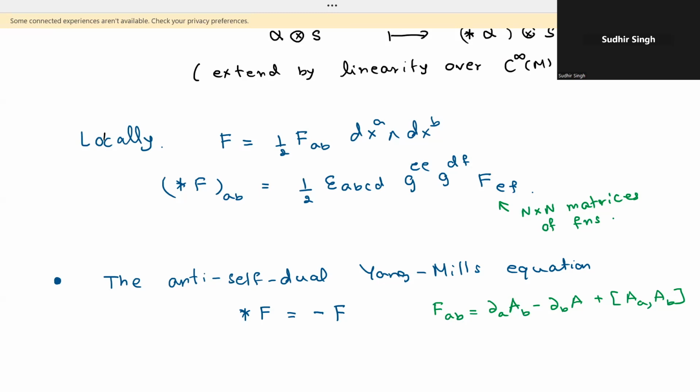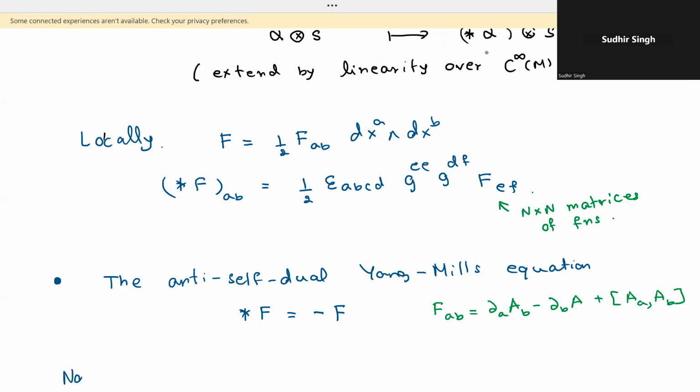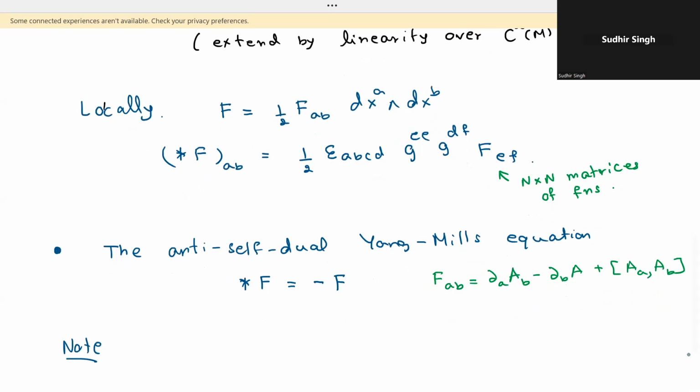Right, okay, so I have said what anti-self-dual in the name means. This just means anti-self-duality of the curvature with respect to the Hodge star operator. But now for the word Yang-Mills, let me give a brief note. Why do we call it anti-self-dual Yang-Mills? Because it is just the condition that the curvature of a connection is anti-self-dual.